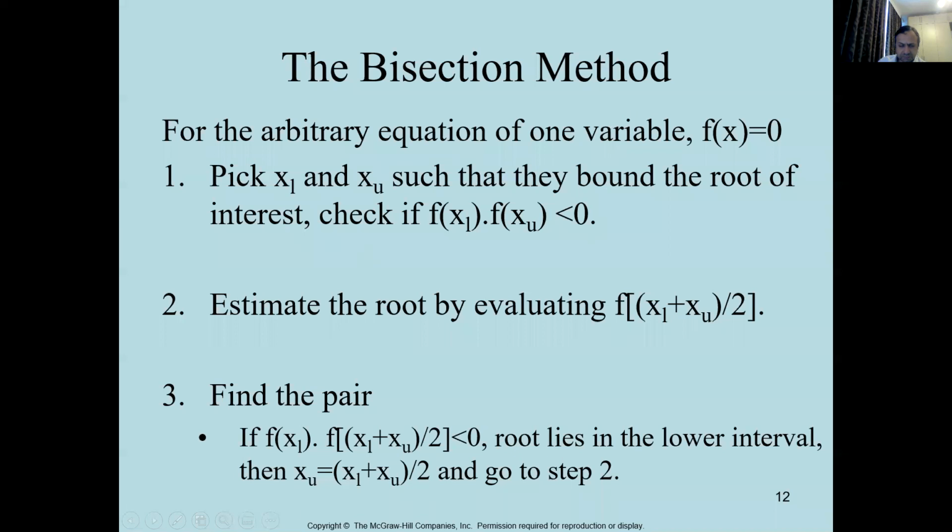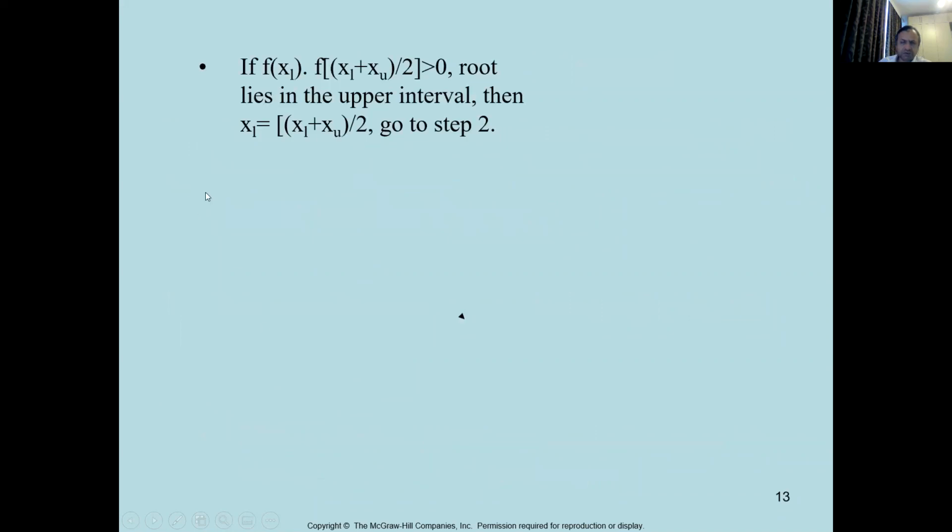Yes. On the other hand, the second option, because we have this if statement: if f of xl times f of xl plus xu over 2, that is the midpoint, their product is greater than 0, that means both are of the same sign. Then f of xl plus xu over 2 and f of xu will be of opposite sign, so the root will lie in the upper interval, from this midpoint to the upper limit.